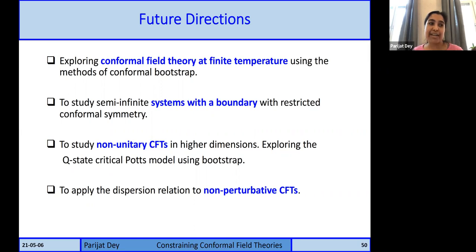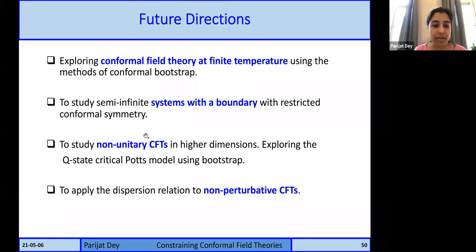So the 2-point function is not completely fixed from symmetry. Similarly, you can study semi-infinite systems where you break the conformal symmetry by introducing a boundary. These things are related to surface critical exponents when you have surface phenomena, and they can be used to probe the bulk CFT.